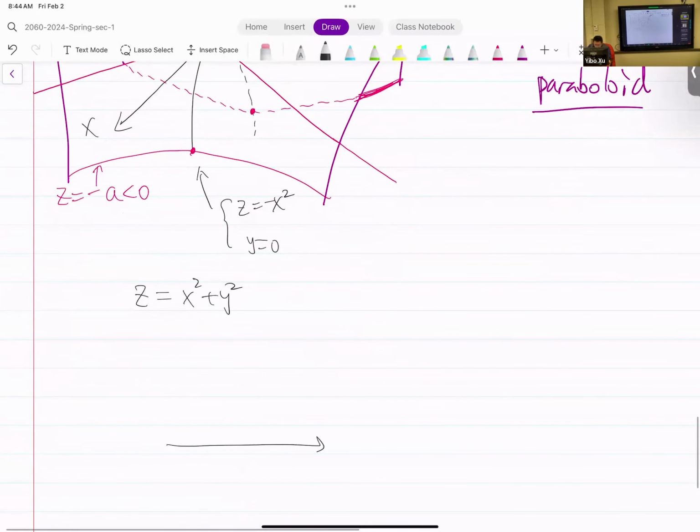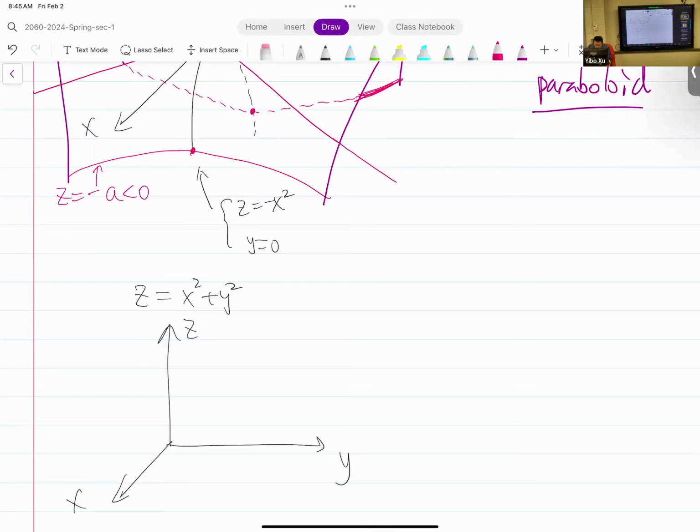So that's the axes x, y, z. Basically, what I'm saying here is, I'm putting in red, when you have x equal to 0, that's z equal to y squared. That's actually this one.